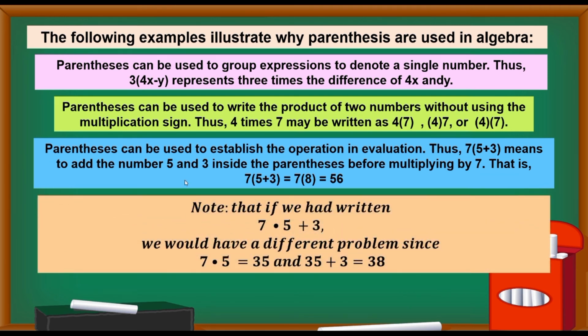Another one is, if we had written, for example, 7 times 5 plus 3, we would have a different problem since 7 times 5 is equal to 35 and 35 plus 3 is 38. Kaya napaka-importante po kung siya ay nakaparenthesis o hindi. Since dito, hindi nakaparenthesis, ibig sabihin, yung 7 ay imumultiply lang po natin kay 5.